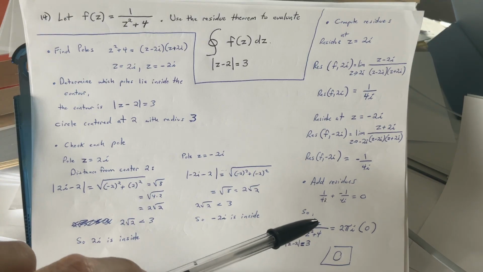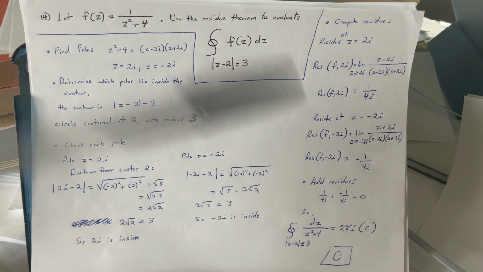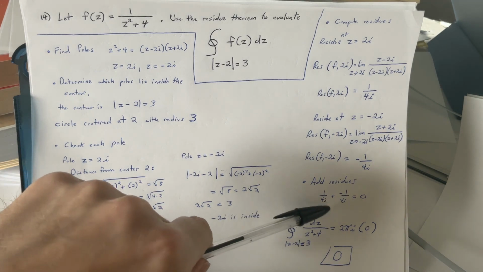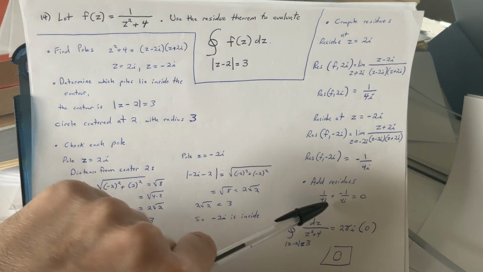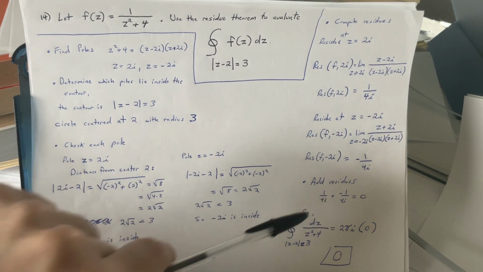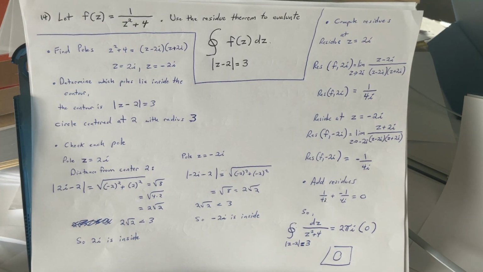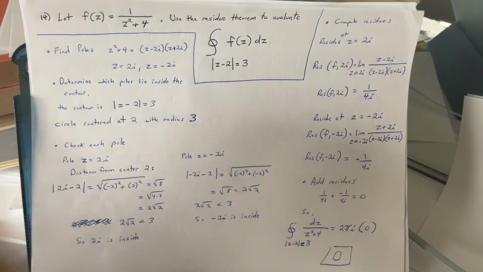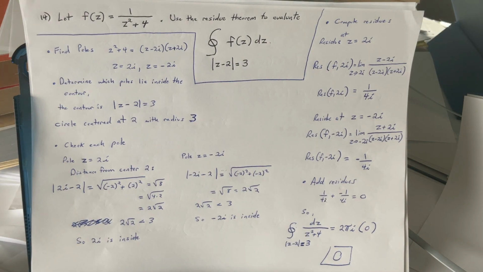And here we wind up with 2 pi i times 0. That equals 0. Sorry about the way I wrote that, it's not neat, but you get the picture. It's 0.